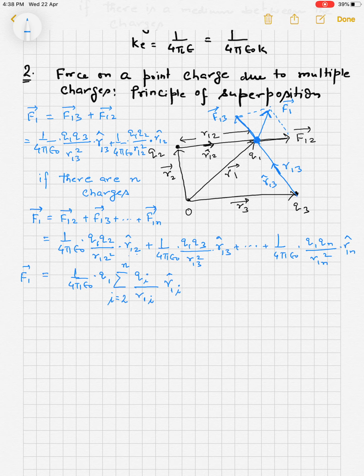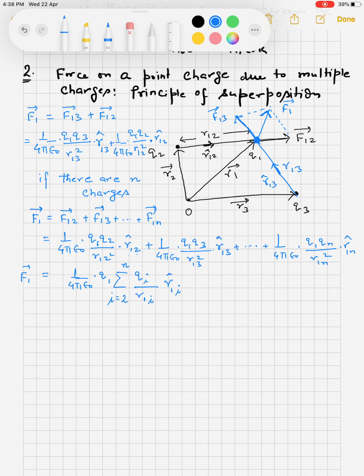Now the next heading is force on a point charge.